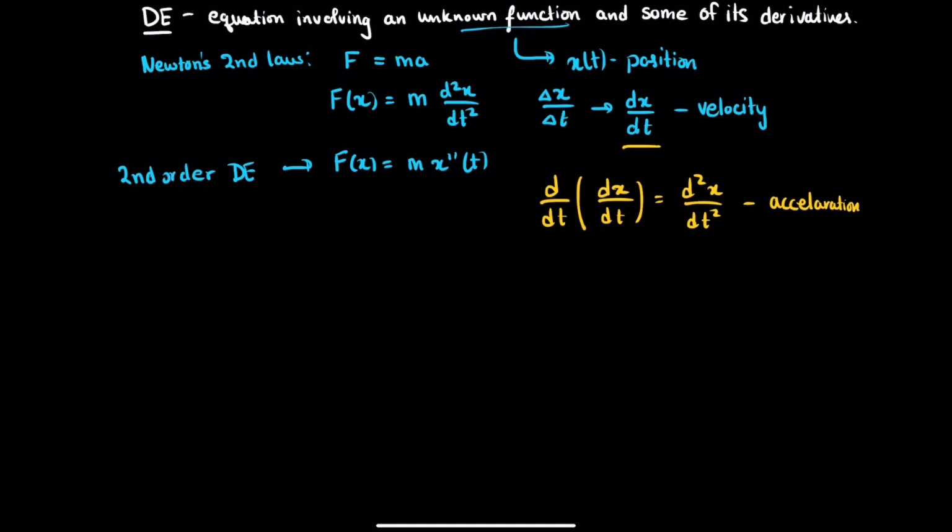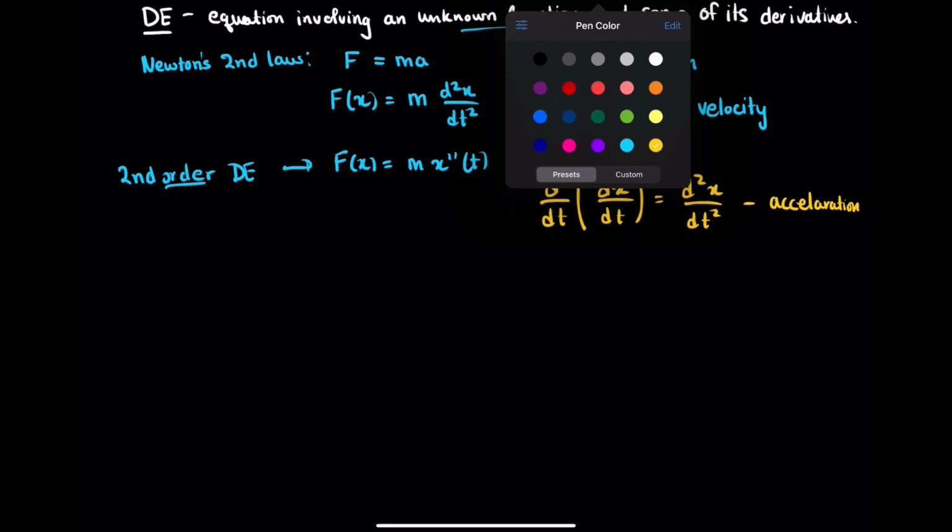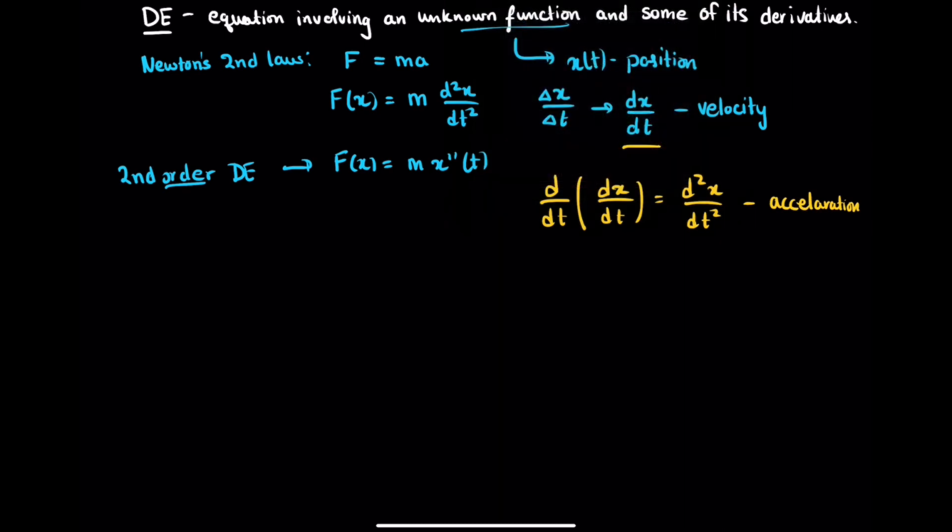Speaking of order, let's talk about order for a second. Let me get a new color. Let's get green. Okay, not law and order, just order. The order of a differential equation is just the highest derivative of the unknown function.